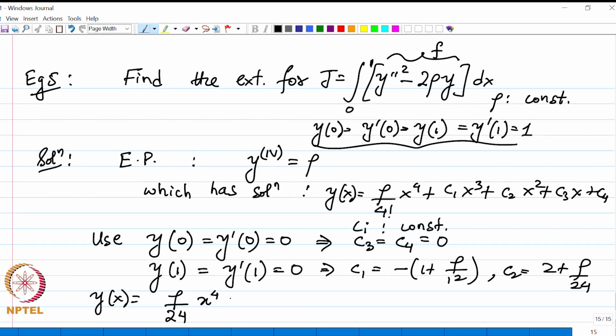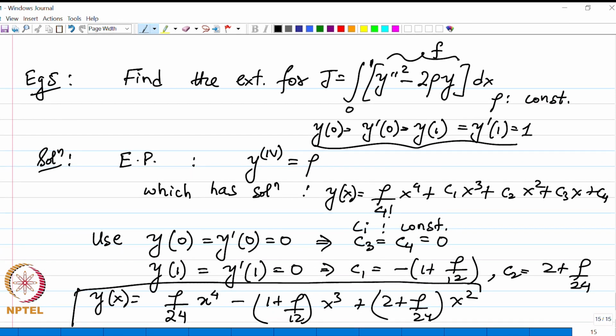This is a 4th order polynomial containing x to the power 4 plus this constant times x cube plus this second constant times x square, and we do not have any factors of x or the constant term. So this is my extremal to this 4th order functional.